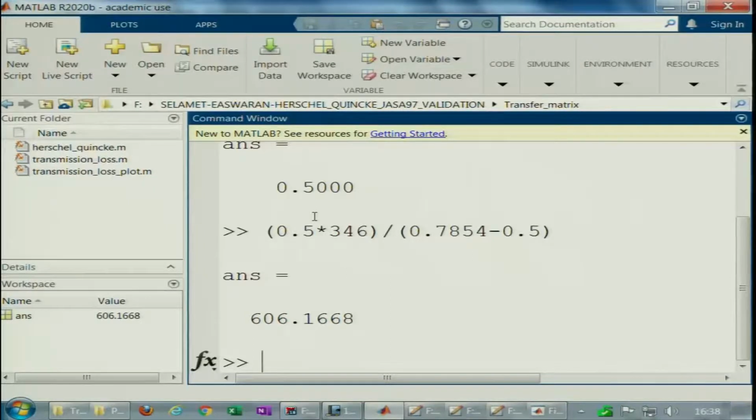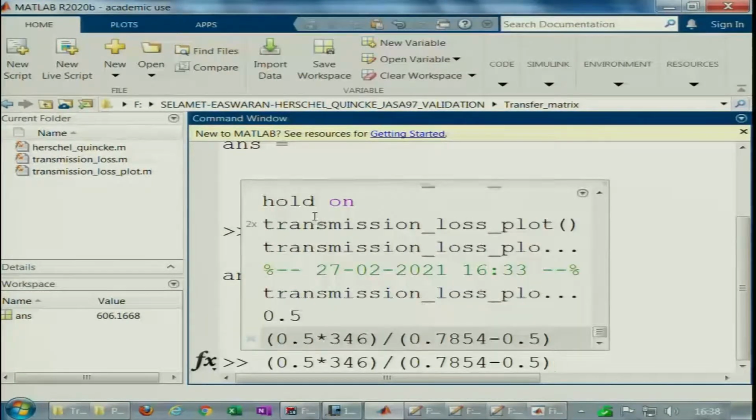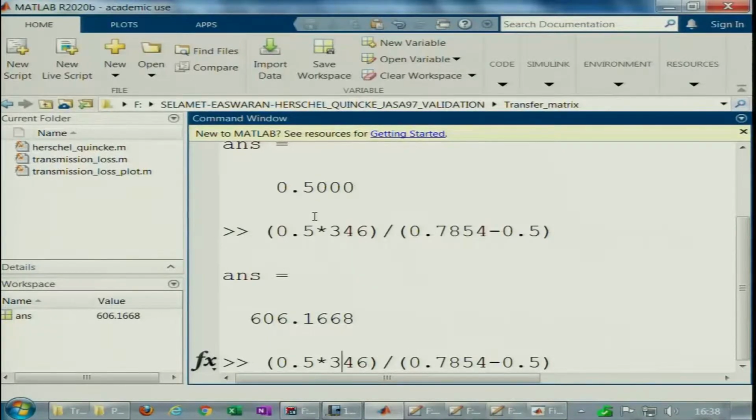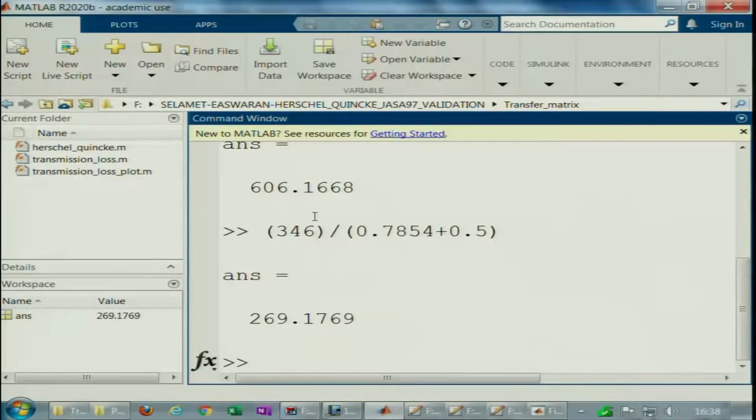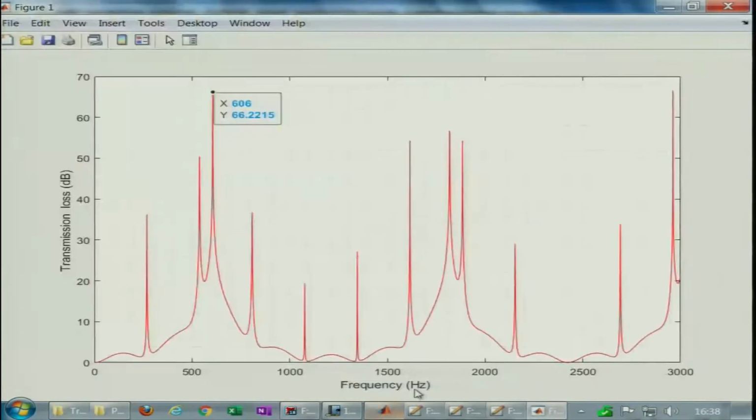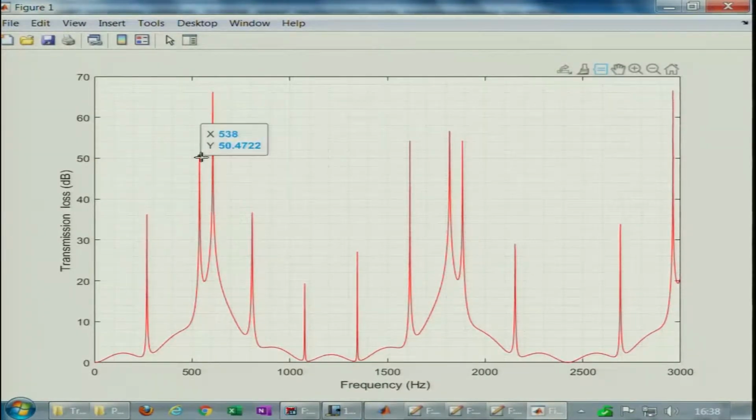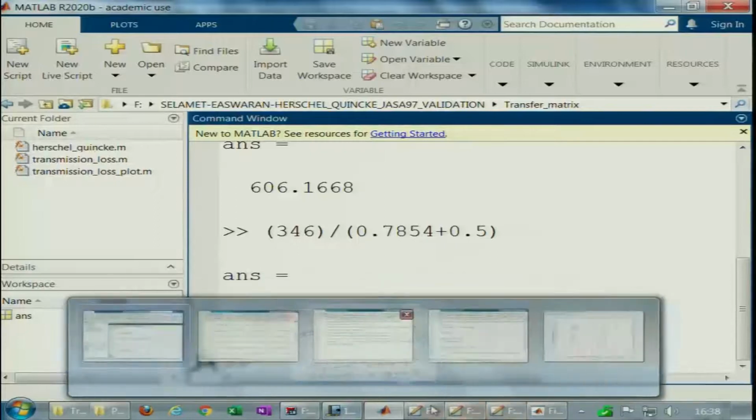This is the first peak that we are getting, due to destructive interference. What about the other peak, due to the other term? That is basically your C naught, that is 346, divided by L1 plus L2, and n is 1 in the other formula, that gives 269. So, you are getting a peak at 269, and the other one is probably a multiple of that.